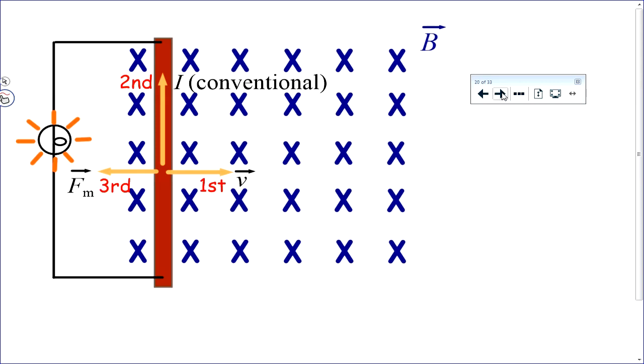I want to point out to you that there's a series of 3 things that occurred here. The first was you moved it, and it caused the second, which is the current. The second, which is the current, caused the third, which is the force. So from 1 to 2, the motion is the cause, the current is the effect, but from 2 to 3, the current is the cause and the force is the effect.